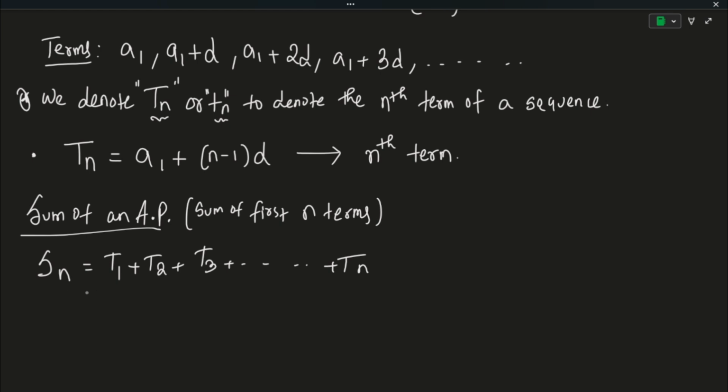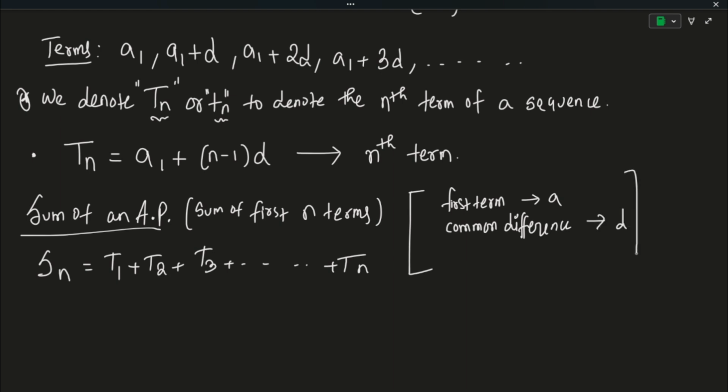So obviously एक AP को आइडेंटिफाई करने में, listen to this carefully. To understand any arithmetic progression completely, we need information on two things. We always need the first term, which we denote as A, and we need the common difference, which we denote as D. Okay.